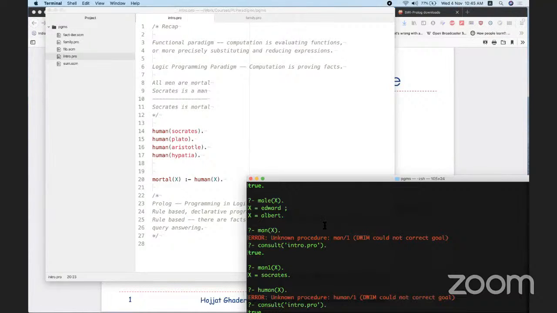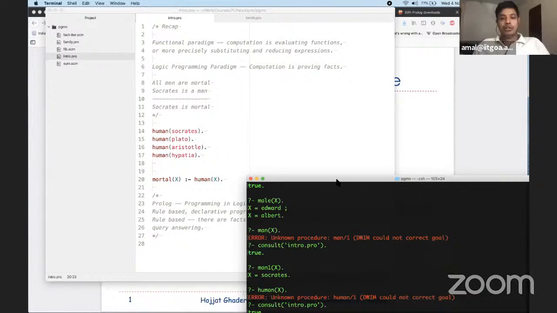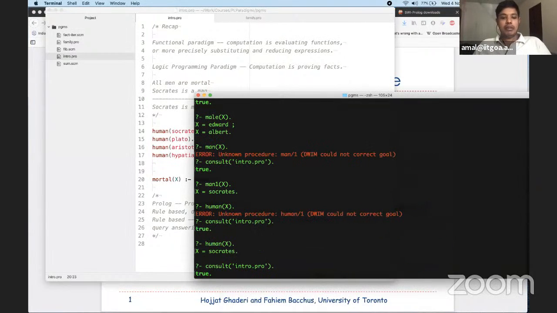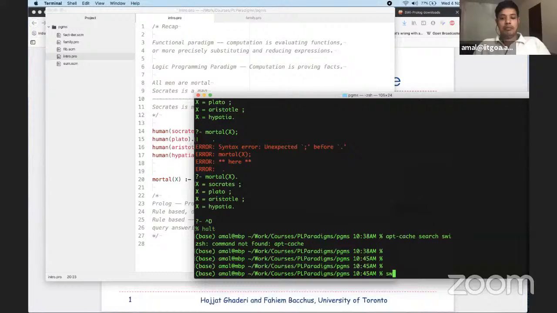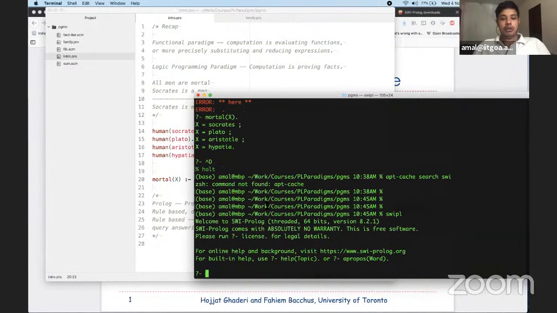Sir, how do we run that in the terminal? You type swipl, and then the Prolog REPL will come.